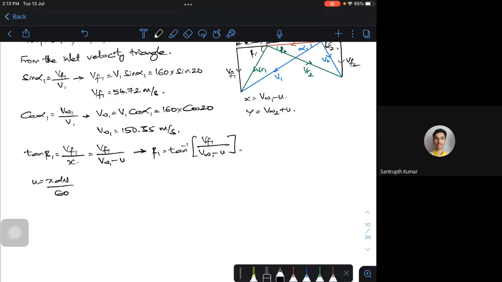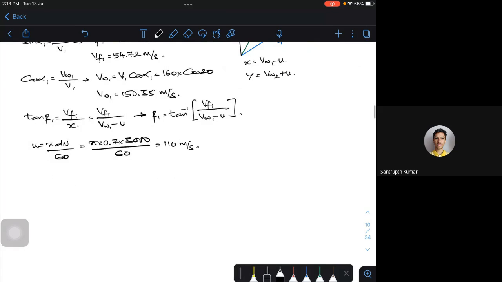So here I am going to take the mean diameter, which is 0.7 meters. So pi into 0.7 into 3000 divided by 60, I am getting around 110 meters per second. So if I substitute over here, beta 1 is equal to tan inverse of Vf1, which is 54.72, divided by 150.35 minus 110.